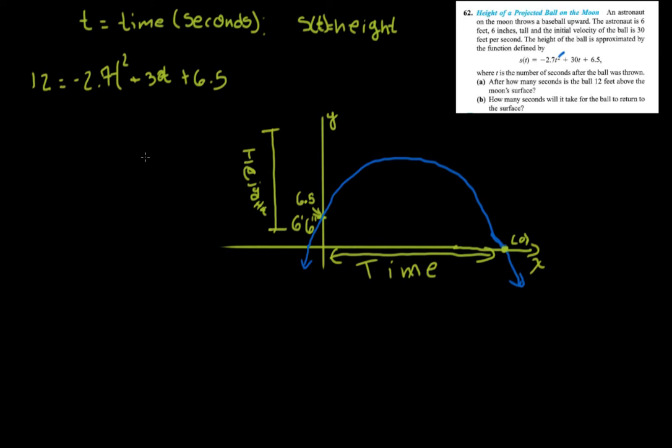And so I have a couple of options, but I'm gonna do this by using the quadratic equation, right? So in order for me to use the quadratic equation, I have to put one side equal to 0. So I'm gonna subtract 12 from both sides of the equation.